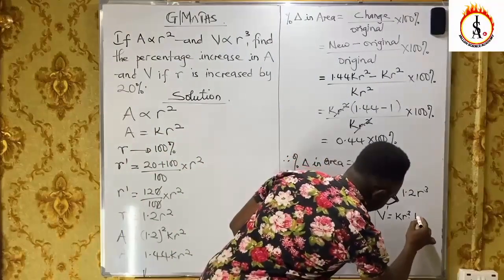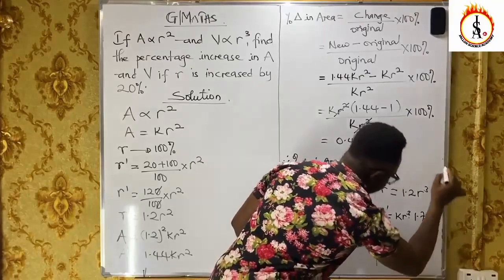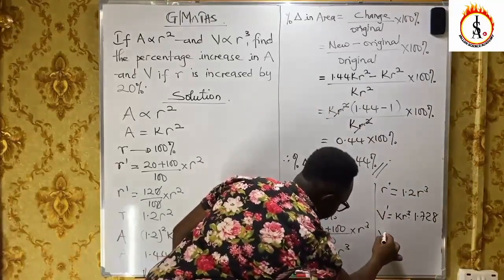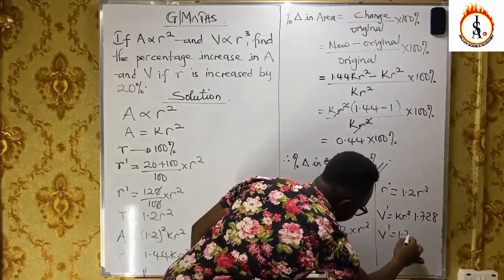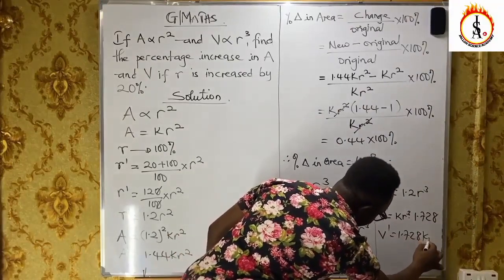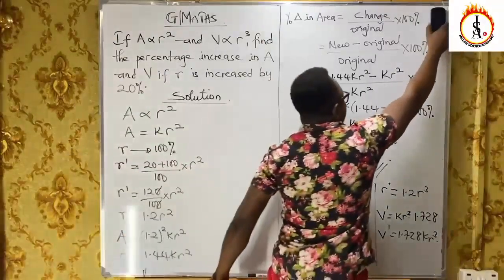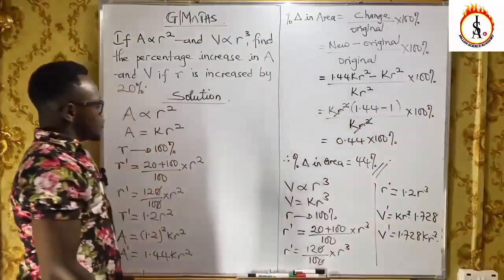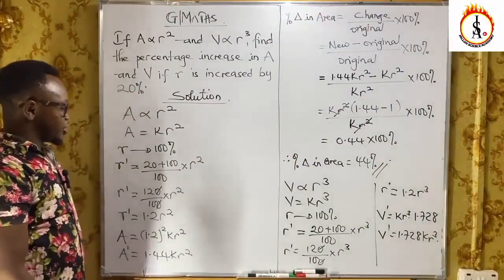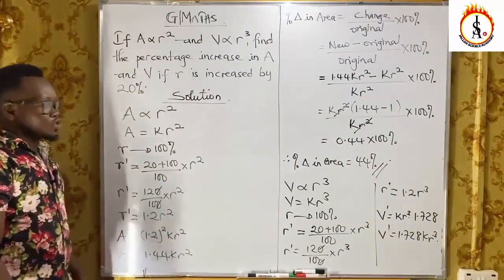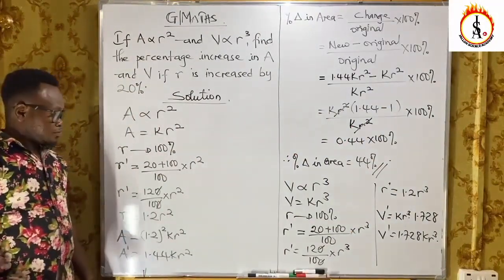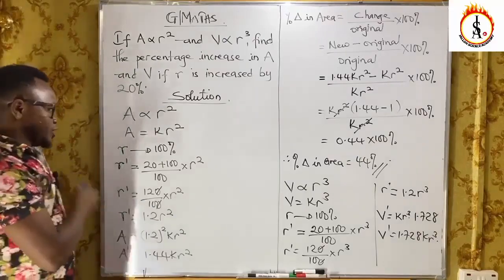So we get 1.728. That means V prime is equal to 1.728 KR cubed. So now we try to work out the change in volume. You can take a screenshot of this. I'm going to clean this one.